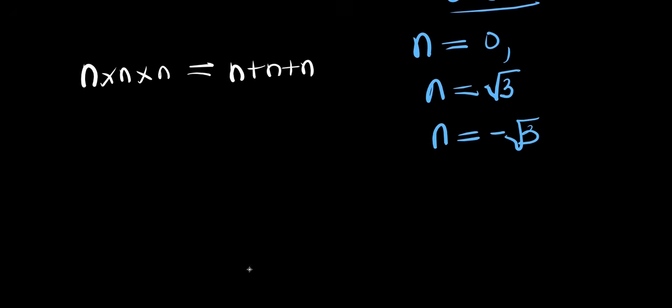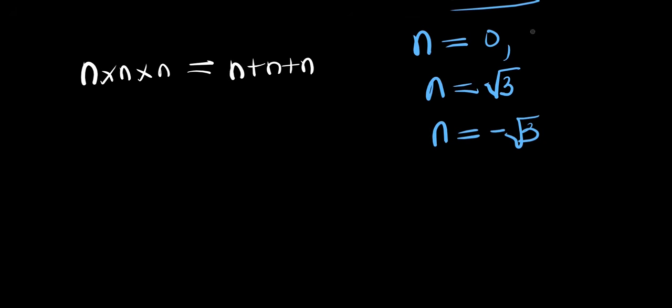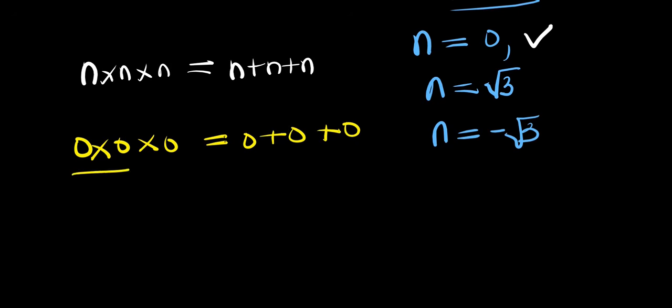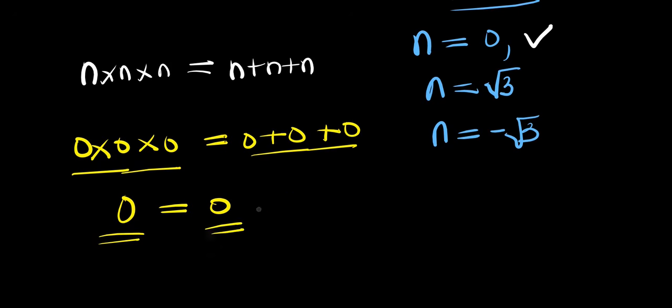So when n equals 0, considering this one, we are simply going to have 0 times 0 times 0 equals 0 plus 0 plus 0. So 0 times 0 is 0, 0 times 0 is 0, this is 0 equals 0 plus 0 is 0, 0 plus 0 is 0. Left hand side equals right hand side. This has satisfied the equation.